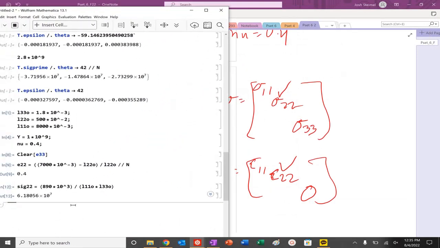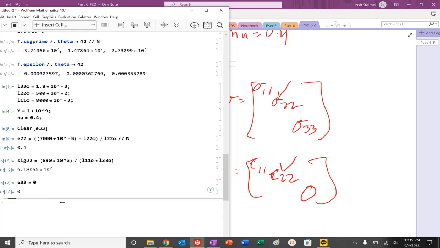So I know my E33 is equal to 0. I know my E22. I know my sig22. So now we can go ahead and solve. So solve E11 set equal to 1 over Y, sig 11 minus nu times (sig 22 plus sig 33).